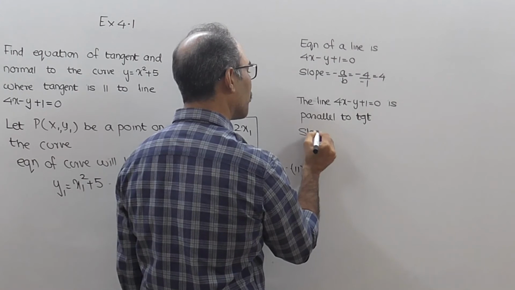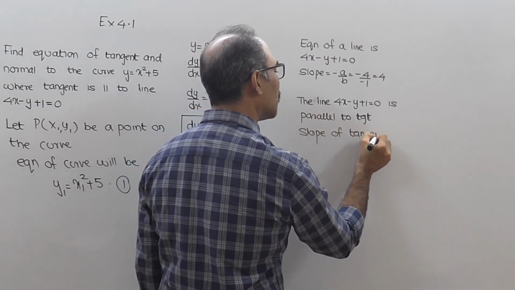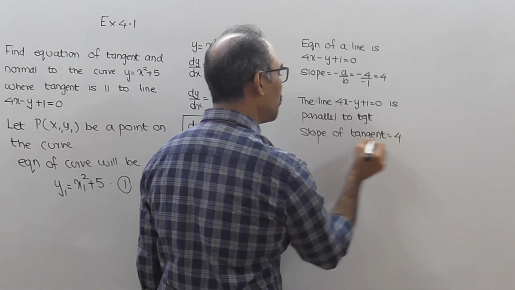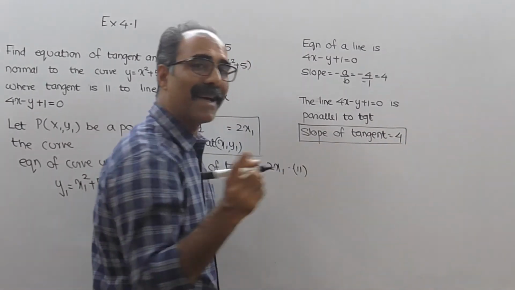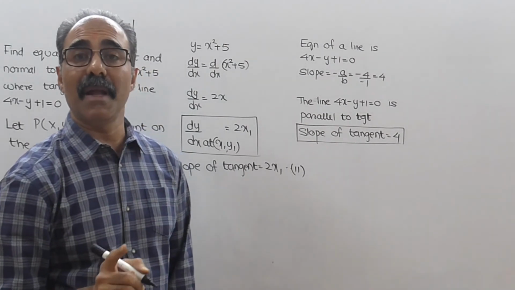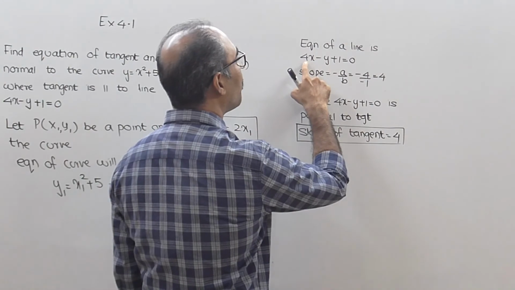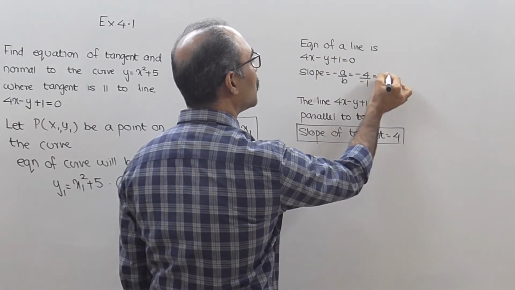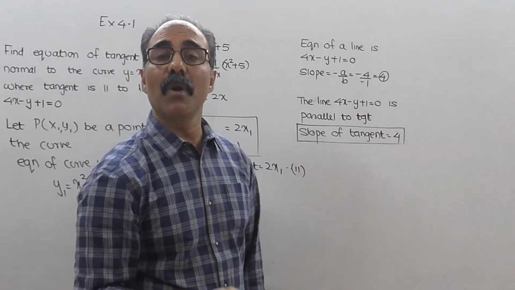Therefore, the slope of the tangent will be equal to 4. I think you must be knowing this property, that if two lines are parallel to each other, they will have the same slope. So, if the slope of the line 4x minus y plus 1 equal to 0 is 4, the slope of the line parallel to it will also be 4.